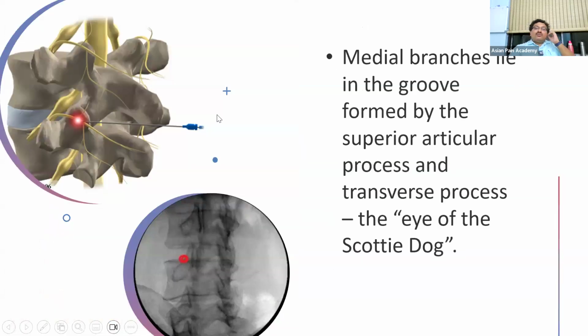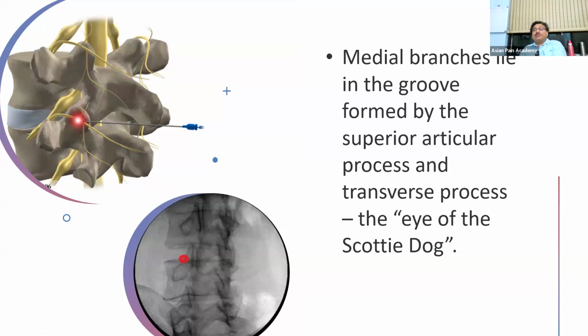So to diagnose facet joint pain, we can do two things. Either we can inject inside the joint, that is the intra-articular injection, or we can inject over the nerve supply of the joint, and that is known as the medial branch block.